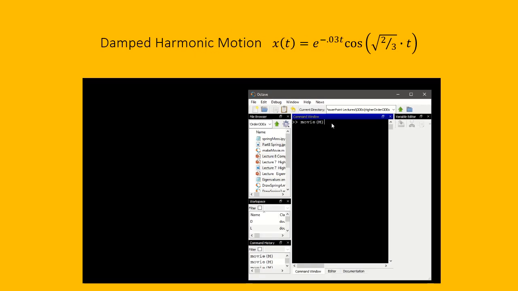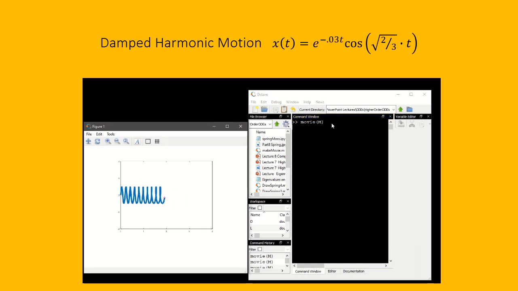We have at our disposal a short MATLAB program that will simulate the damped harmonic motion. Let's run a movie showing a spring undergoing damped harmonic motion. Notice that the amplitude of the swing starts off fairly large and it gets smaller and smaller as it goes on.